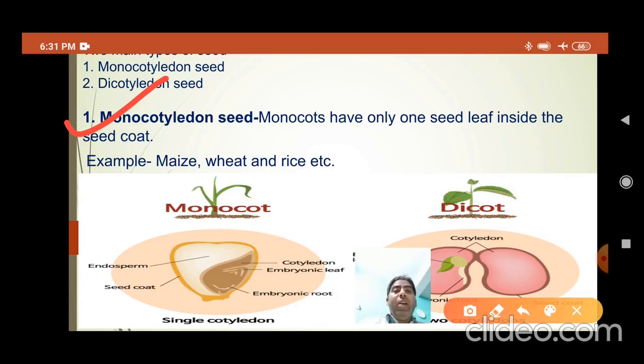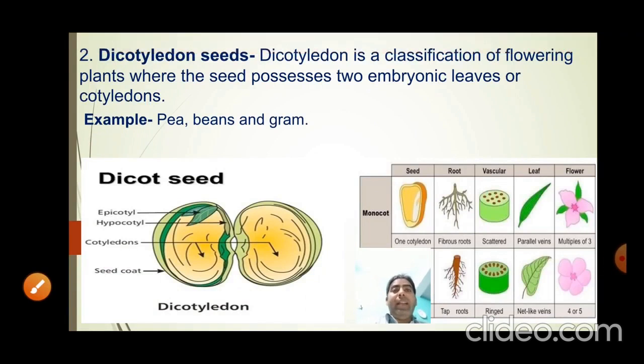Now the second one is the dicot. What is a dicot? Some of the seeds like pea, beans, grams have two seed leaves.